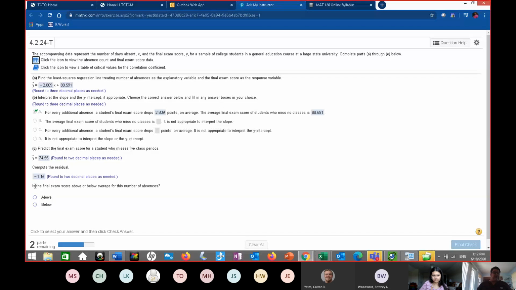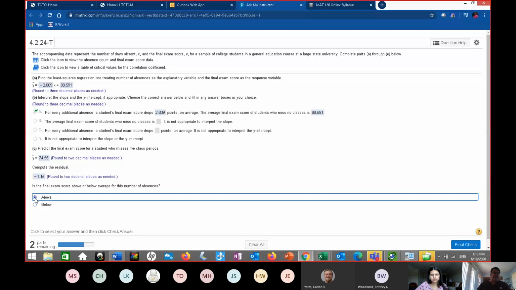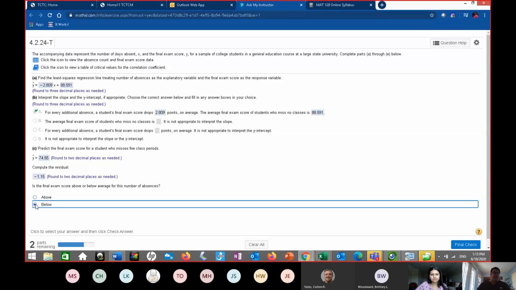Is the final exam score above or below the average for this number of absences? Well, the prediction is 74. The actual is 73, so it's below.